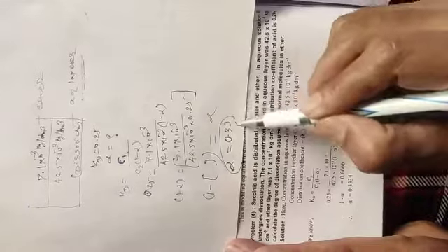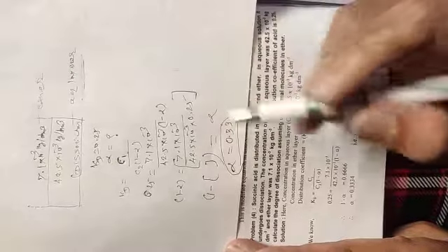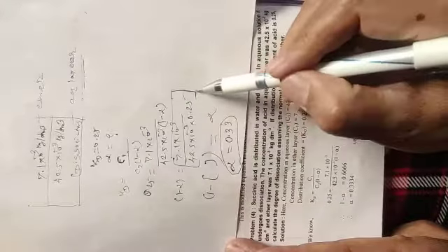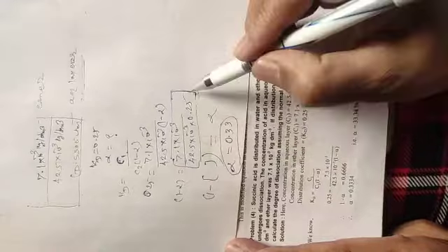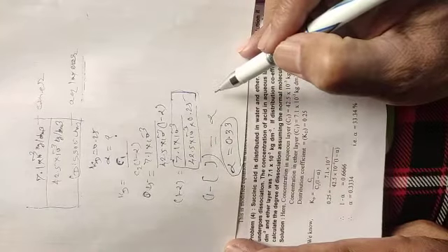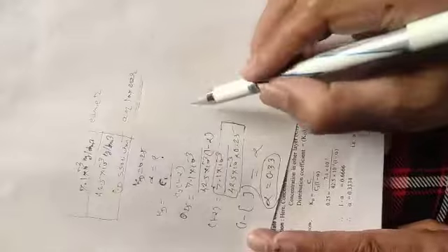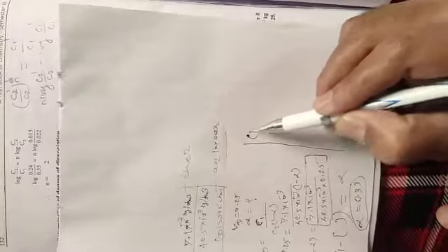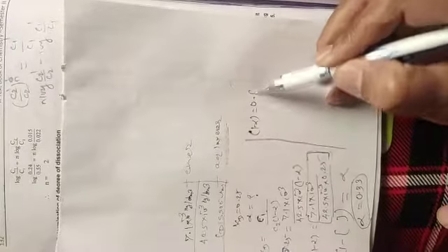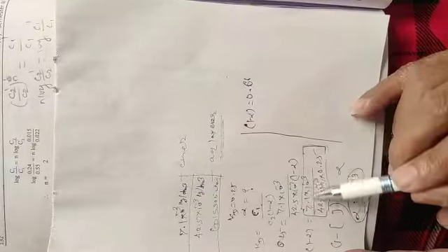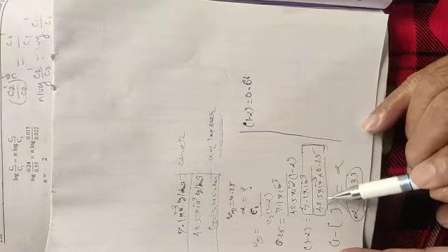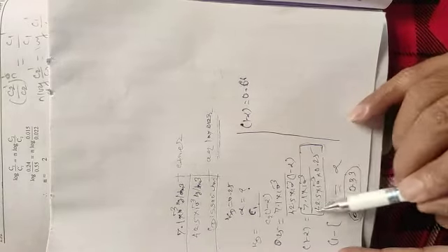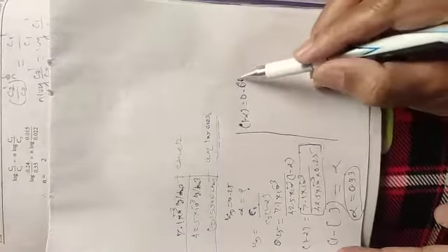This value, 1 minus alpha, will be 0.66, because from the total calculation, 7.1 into 10 raised to power minus 3 upon 42.5 into 10 raised to power minus 3 into 0.25, the division and multiplication give 0.66.